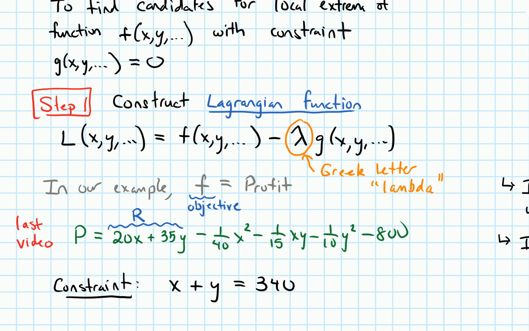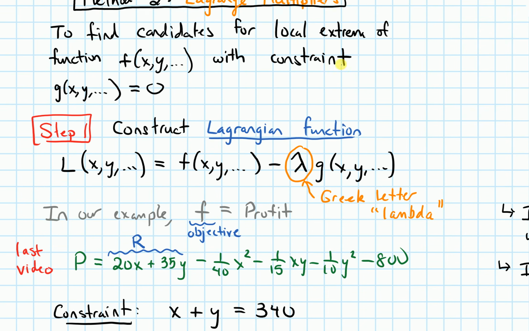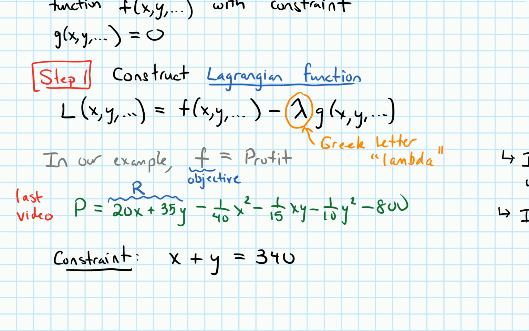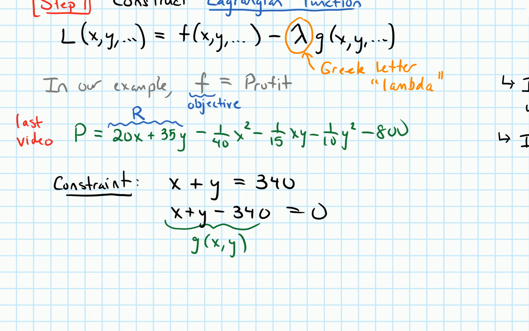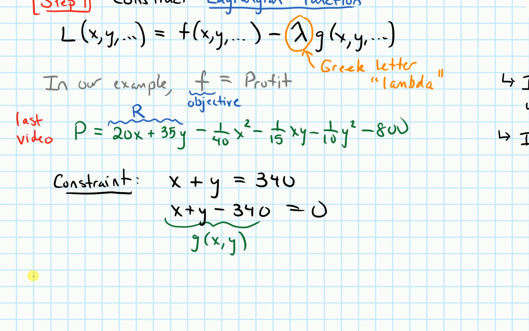But if we look at the setup of Lagrange, it says that we need to get the constraint equation in this form, where it equals 0 on one side. So if I move the 340 over, we'd get x plus y minus 340 equals 0. And this whole thing on the left is our constraint function, which we call g. In this case, g is a function of the variables x and y. So we are ready to write down this Lagrangian function. I'll call it L, and my variables are x and y.